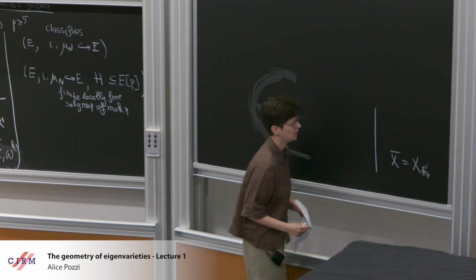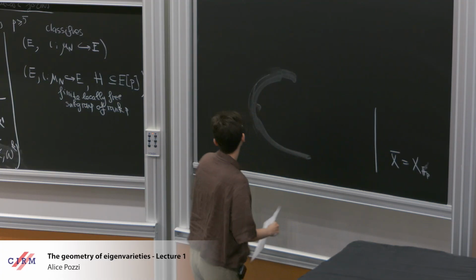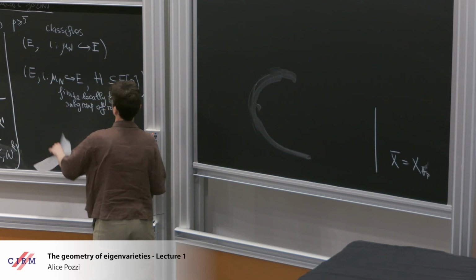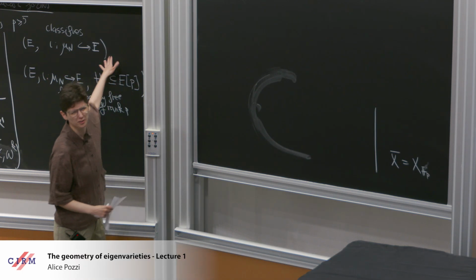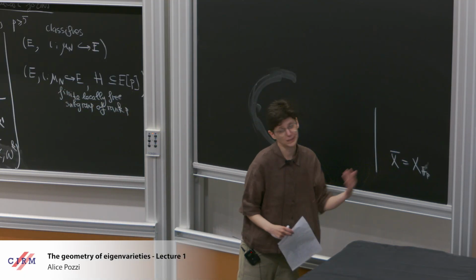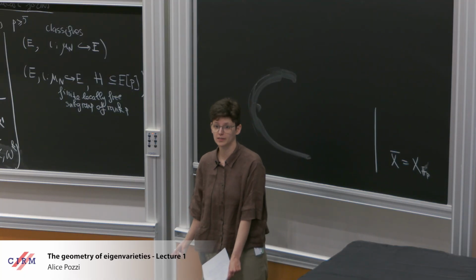So this parameterizes elliptic curves over extensions of FP with this level structure. We are going to ignore this level structure. And notice that over FP, elliptic curves are either ordinary or supersingular.